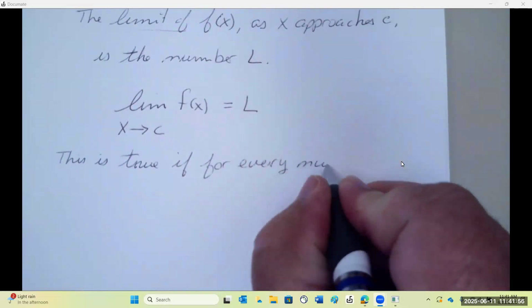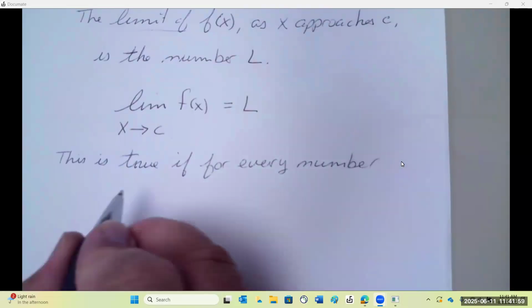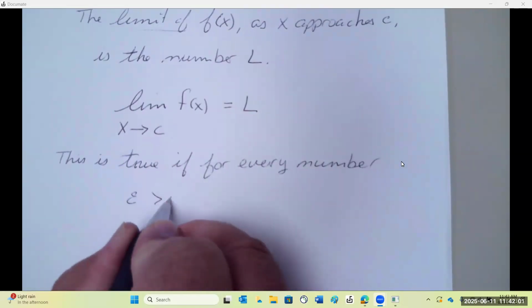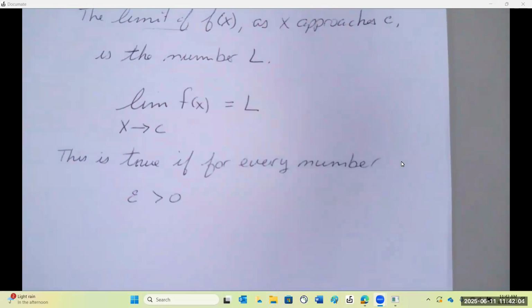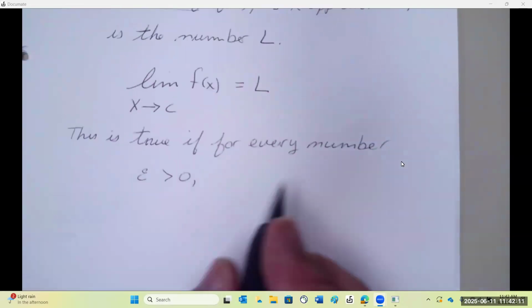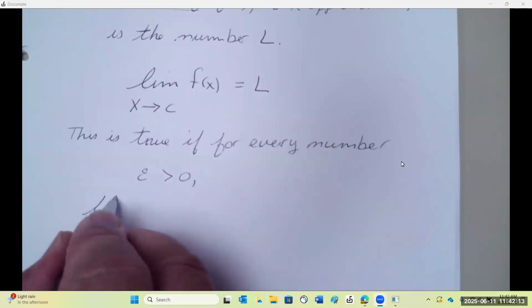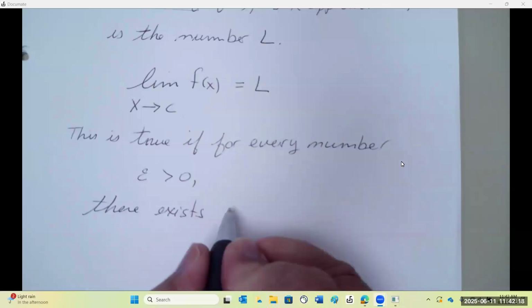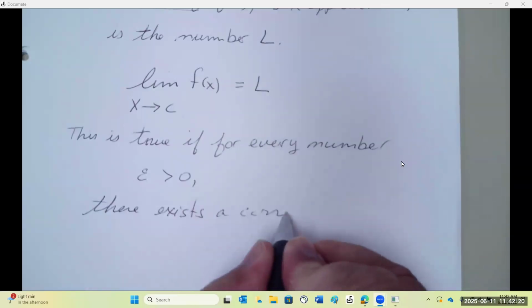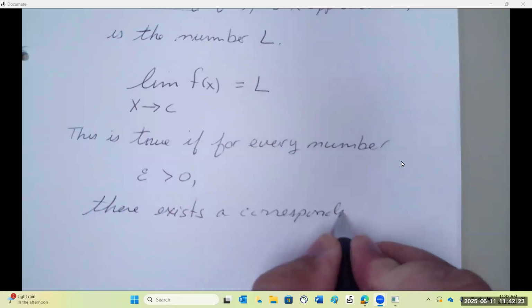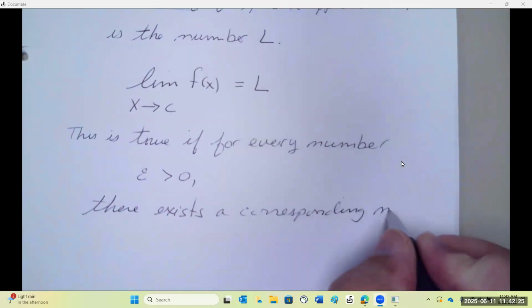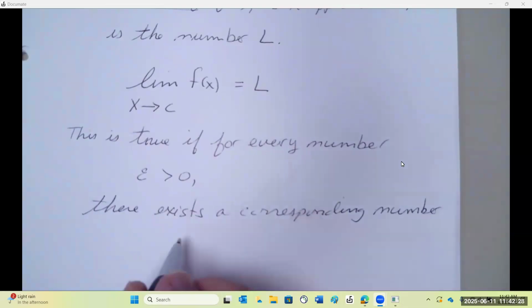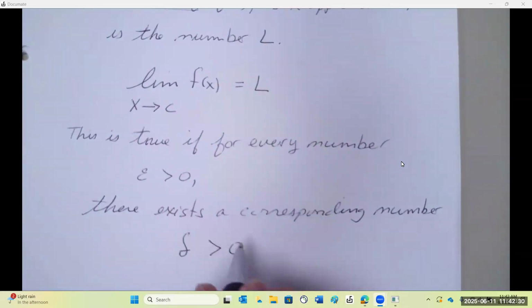for every number epsilon greater than 0. Epsilon is any number you pick, but it's going to be very, very small. And I'll show you what they mean in a second. If for every epsilon greater than 0, there exists a corresponding number delta greater than 0.